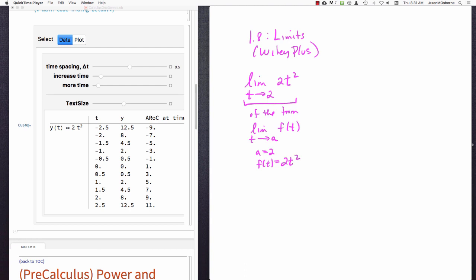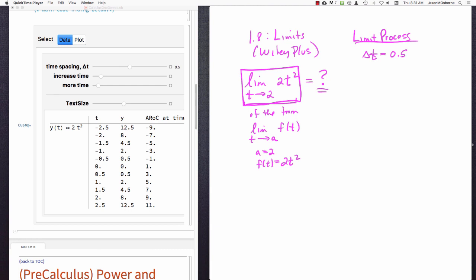Okay, and if we're going to try to tackle this problem and figure out what the implied question was, if they just write a limit, there's an implied question to find what that limit is. The limit is a process, and what we need to do is choose a delta t.